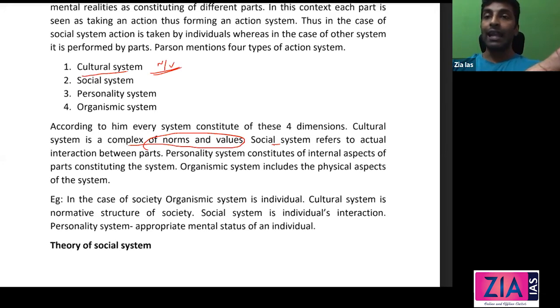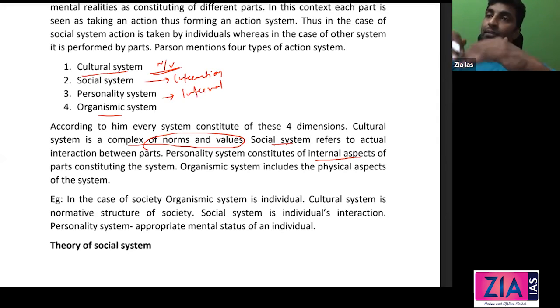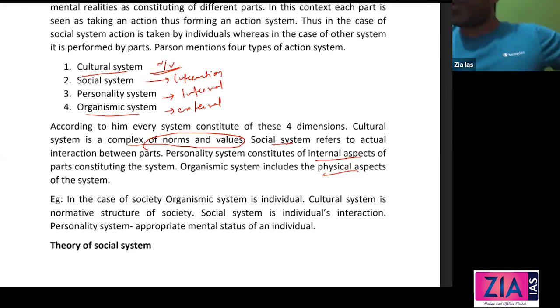Social system is the interaction, right? And the personality system is the internal aspect. Internal aspect means the mental aspect and all those things, right? Organismic system means the external aspect, the physical aspect. So he defined these 4 aspects of any action system.